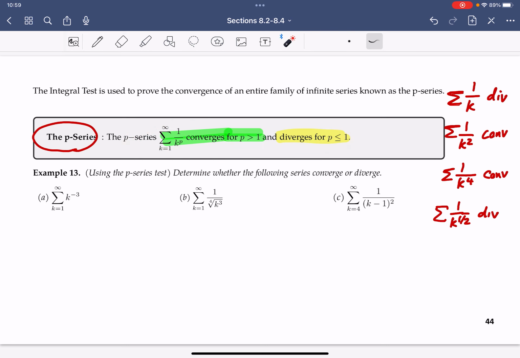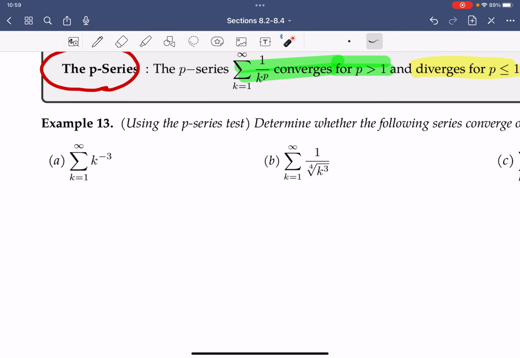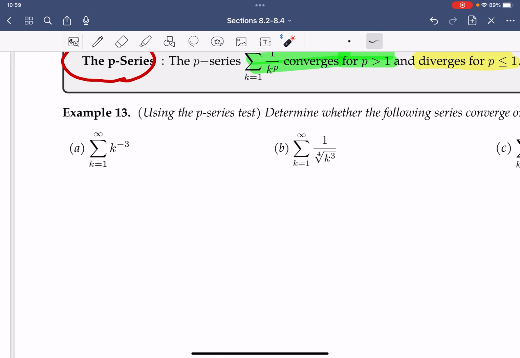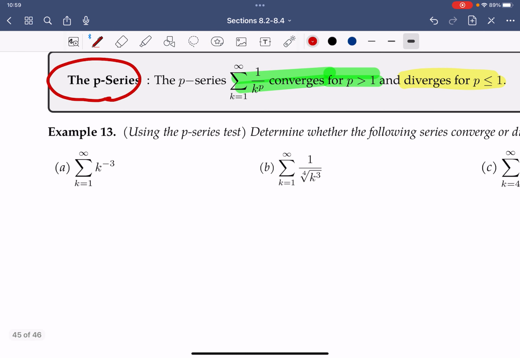So take a look at example 13 here. Question A: you have the summation from 1 to infinity of k to the negative 3, which is 1 over k cubed, right?